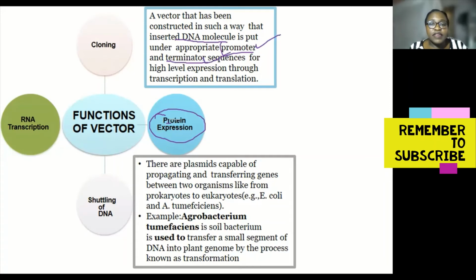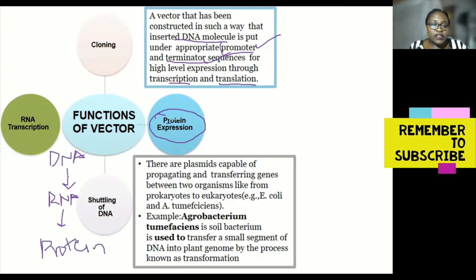These signal the beginning and the end of transcription, so that we are able to have the transcription process into an mRNA and then finally translated into a protein. Usually the process is DNA. We replicate the process that happens in living organisms, and then it goes to RNA, and then we express proteins.